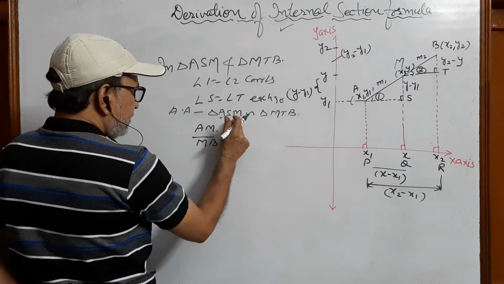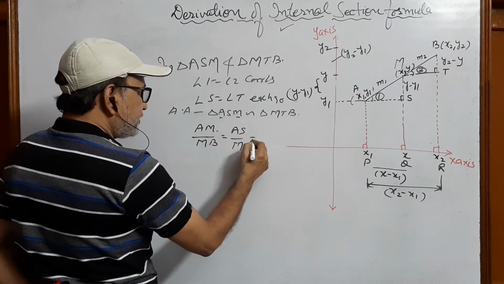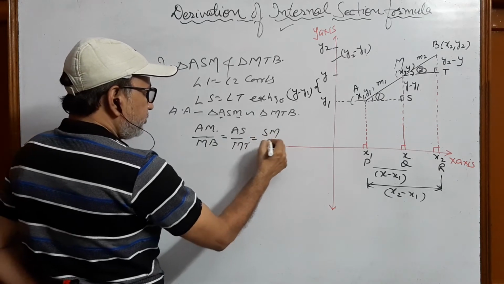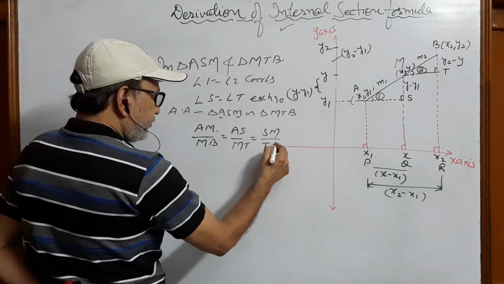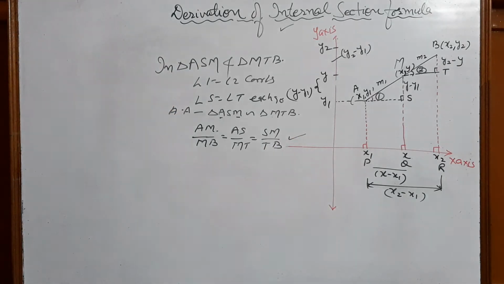Then AS, first two, here also MT, and last you can write SM equal to TB. It is very simple. Sides are proportional, that's all, nothing else. I have explained, see the diagram.